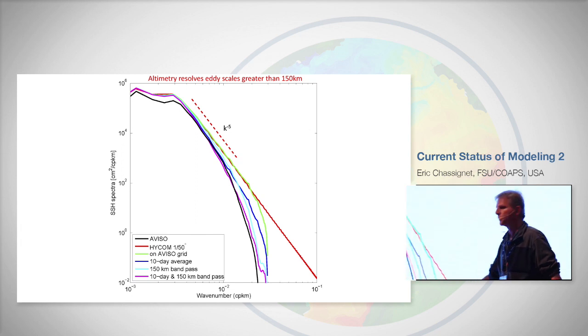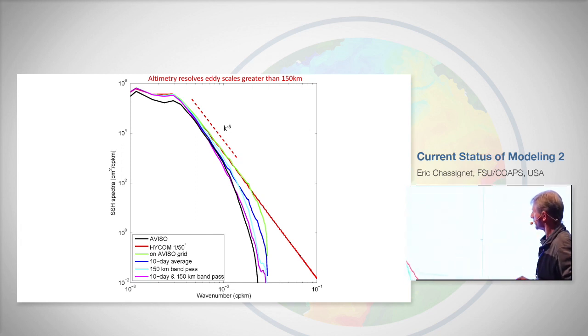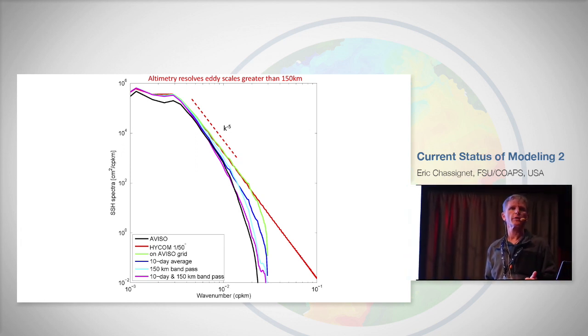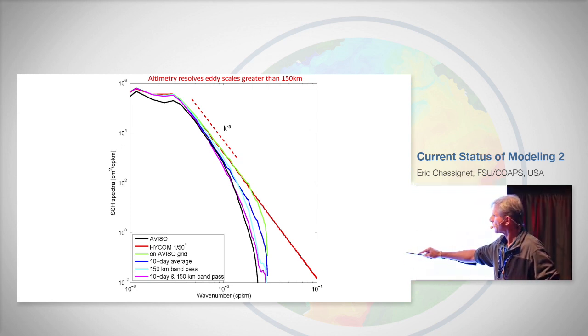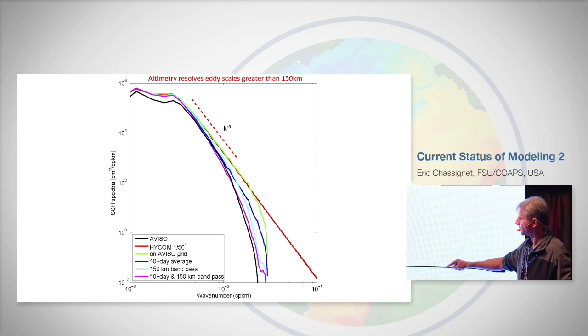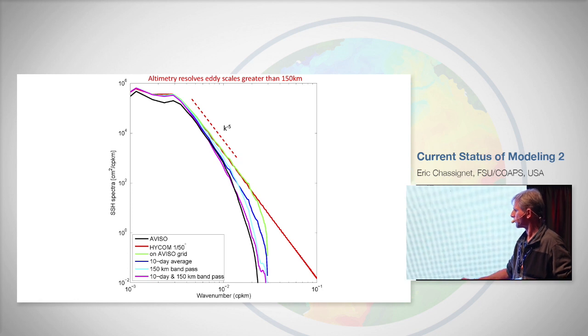And then you do the same thing using the Aviso 1/4 of a degree. This is the black line, and it differs quite a bit from this one. So what we do, we first subsample the 1/50th degree on the 1/4 of a degree grid. That's what you see, the green line. When you start to have no features at 1/4 degree, the spectra drops off.